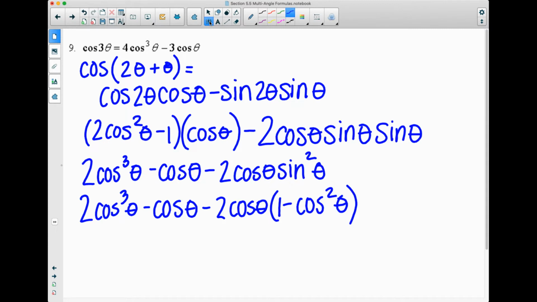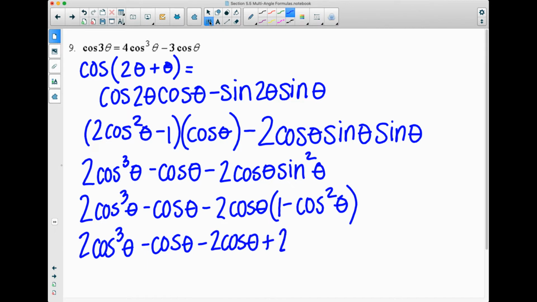Distribute. And then combine my terms. So then I get 4 cosine cubed theta minus 3 cosine theta.